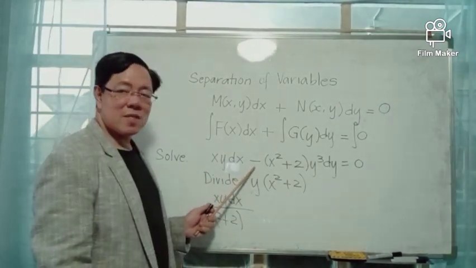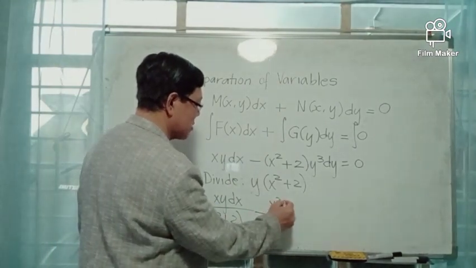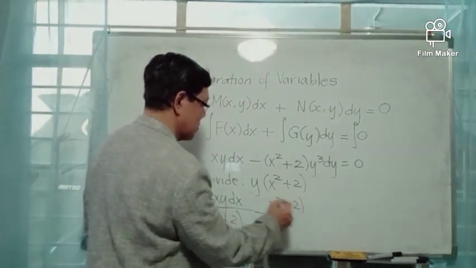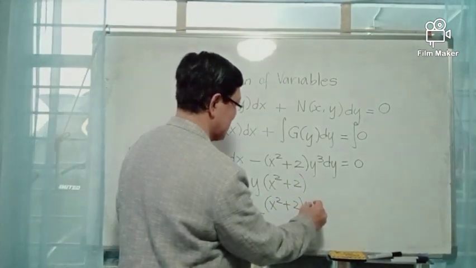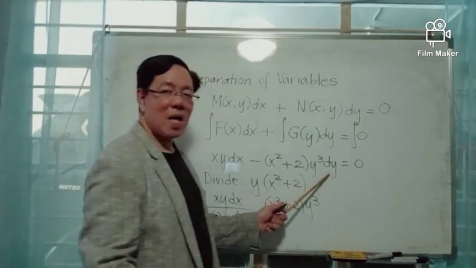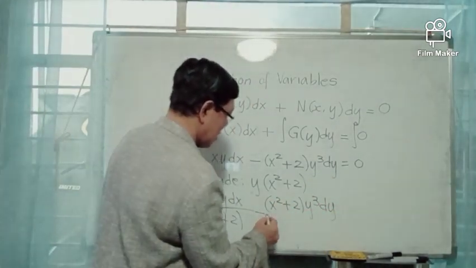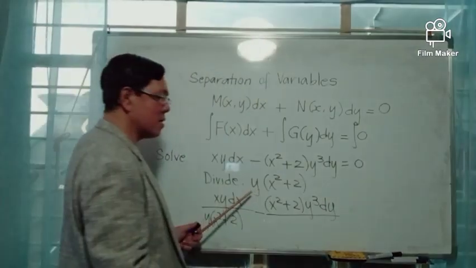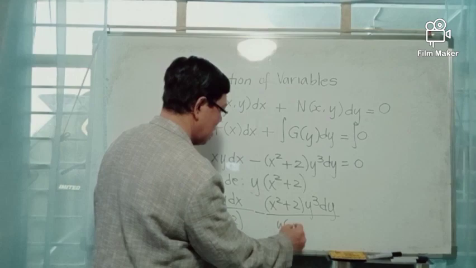The second term is minus x squared plus 2 multiplied by y cubed multiplied by dy. And we divide this by the product y multiplied by x squared plus 2.